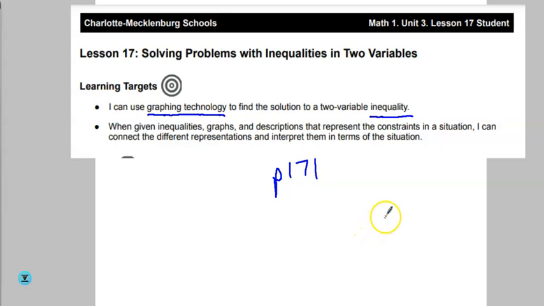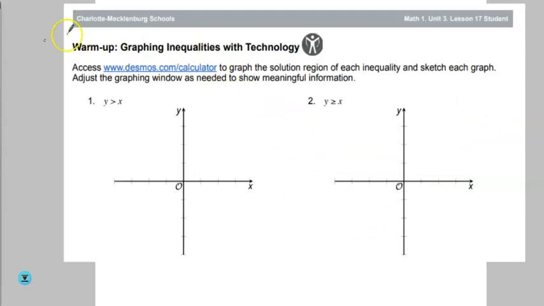All right, so we're not going to do the bridge, so go ahead and turn the page and go to your warm up on the top of page 172. And go ahead and open up Desmos. You want to just follow along at first or flip back and forth. It's good practice.